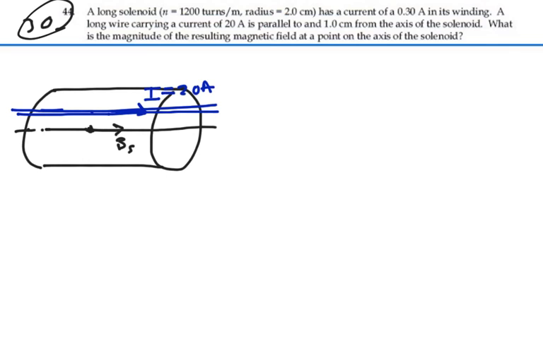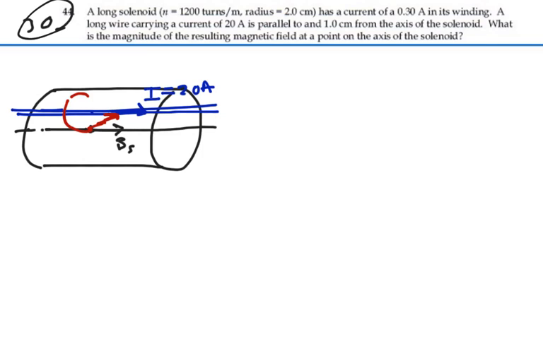And because of this current of 20 amps, there's a magnetic field going around this wire. And at the point where it intersects the axis, it would be perpendicular to the magnetic field of the solenoid. In other words, this would be a transverse field to the axis of the solenoid.